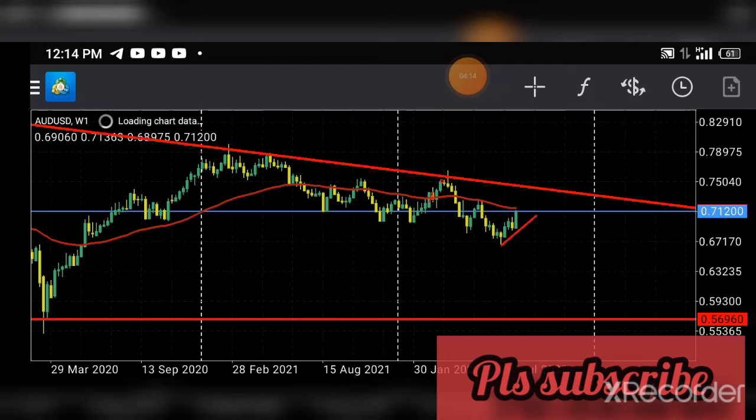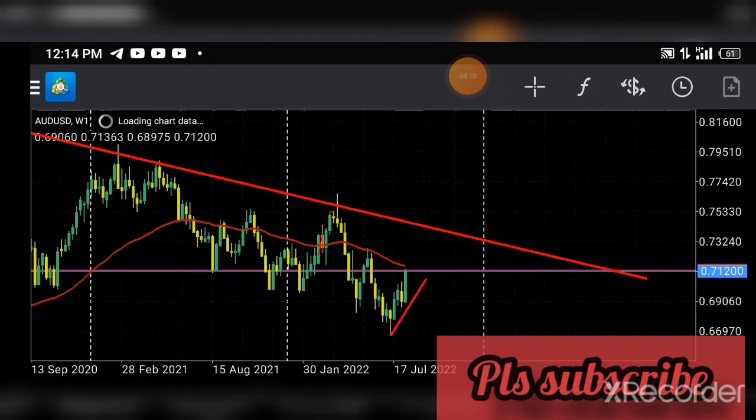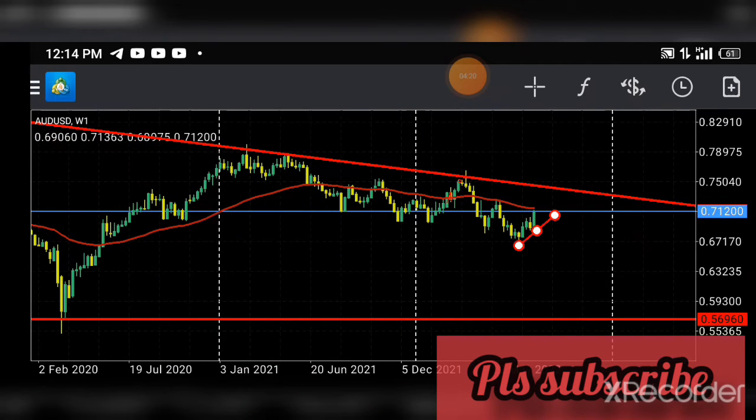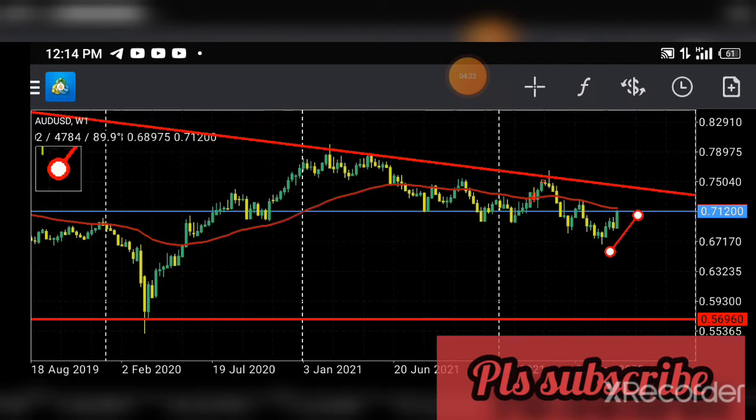From where the market is now, we are expecting the trend to move. Let me see how many pips we will be expecting from there. Just imagine, guys, we will be expecting at least 1,334 pips.